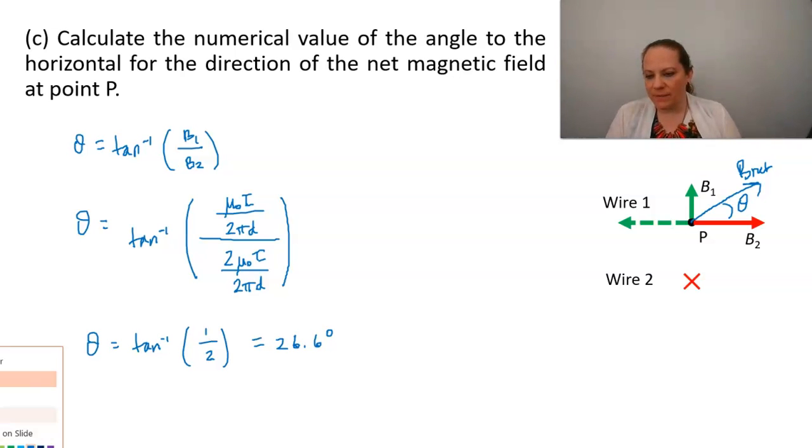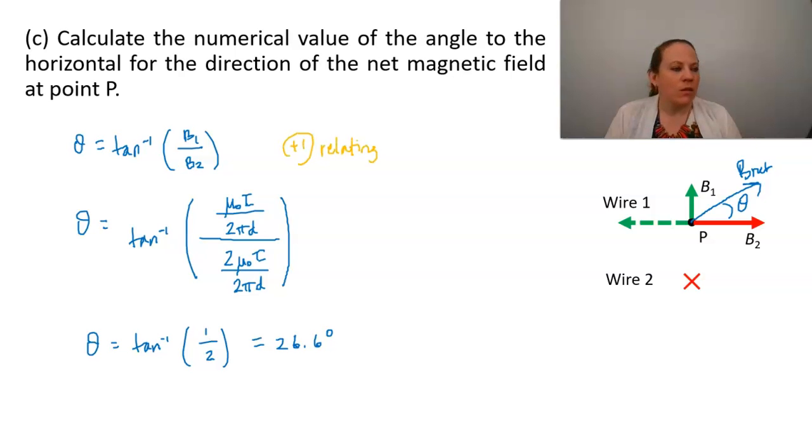So let's talk about scoring. We're going to get a point for relating the angle to the individual magnetic fields.